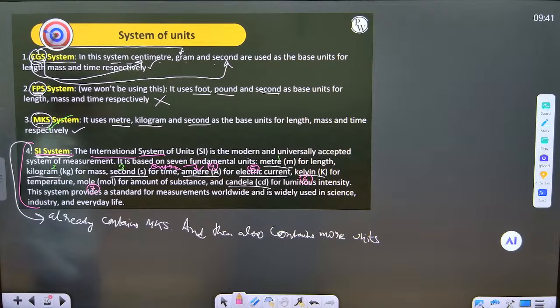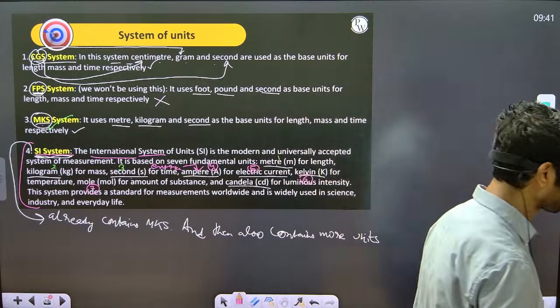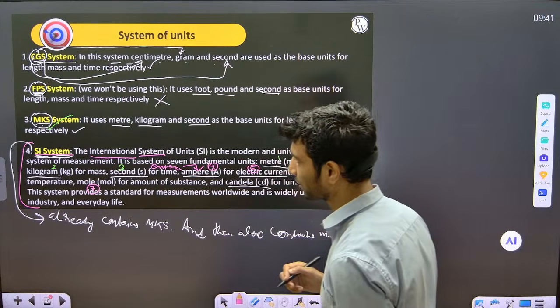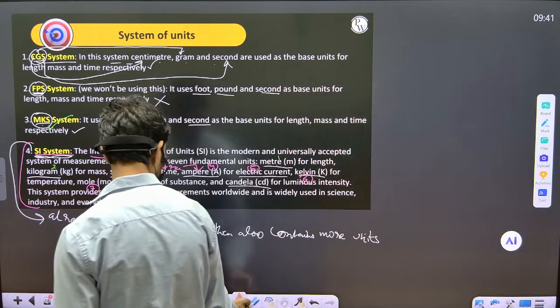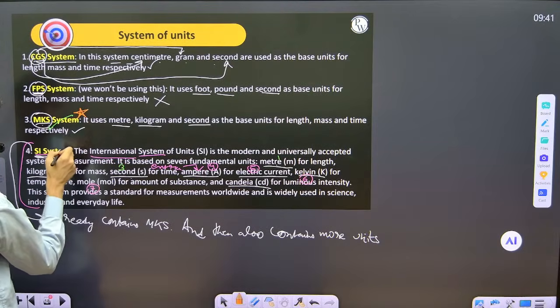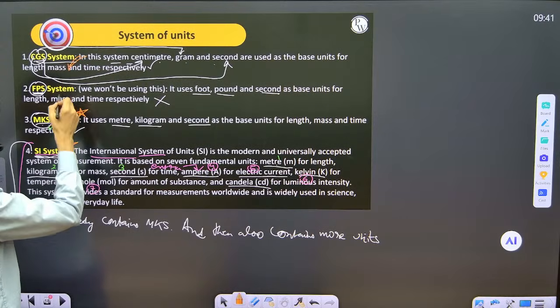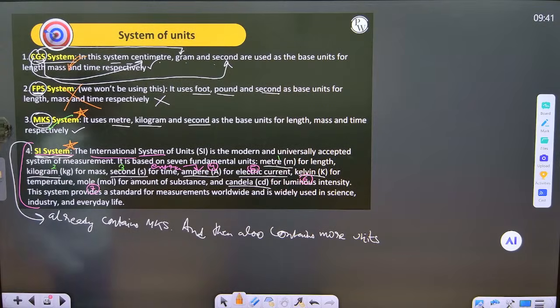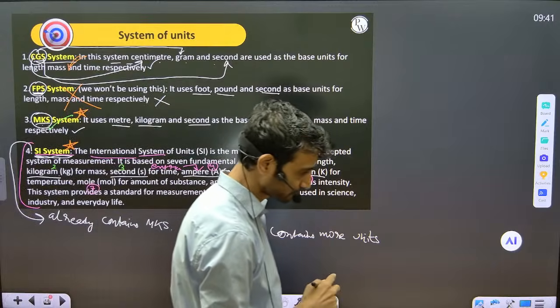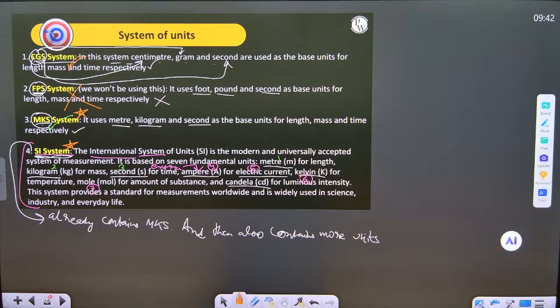Fine, you can take this down, because this is the set of units we'll be using in our calculations. Mostly we'll be using these. This is important. FPS will not be there. Take this down, then we'll move ahead.